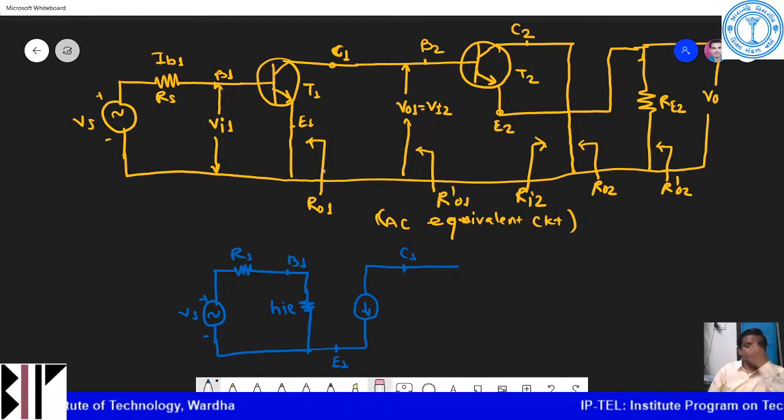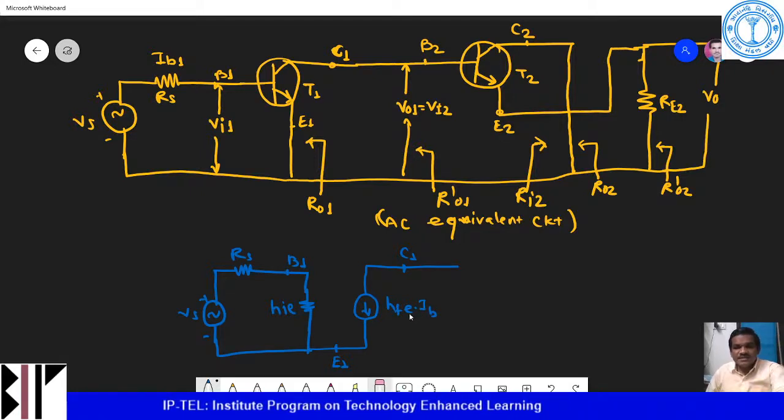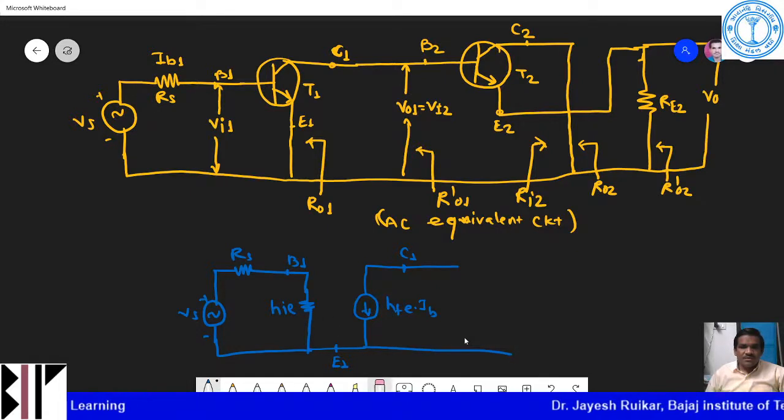So for this, of course, this is HFE into IB, this current, and this is C1.